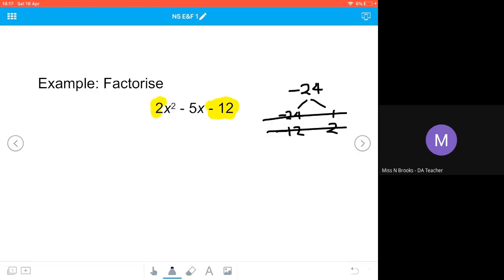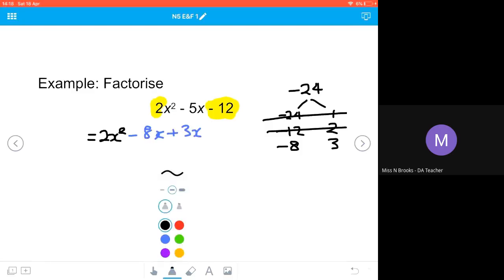And then I've got negative 8 and 3, that's going to give me negative 5, and so I'm going to use them. So now I'm going to write it as 2x squared, I'm going to replace my negative 5x with negative 8x plus 3x, and then I'm bringing my negative 12 down.